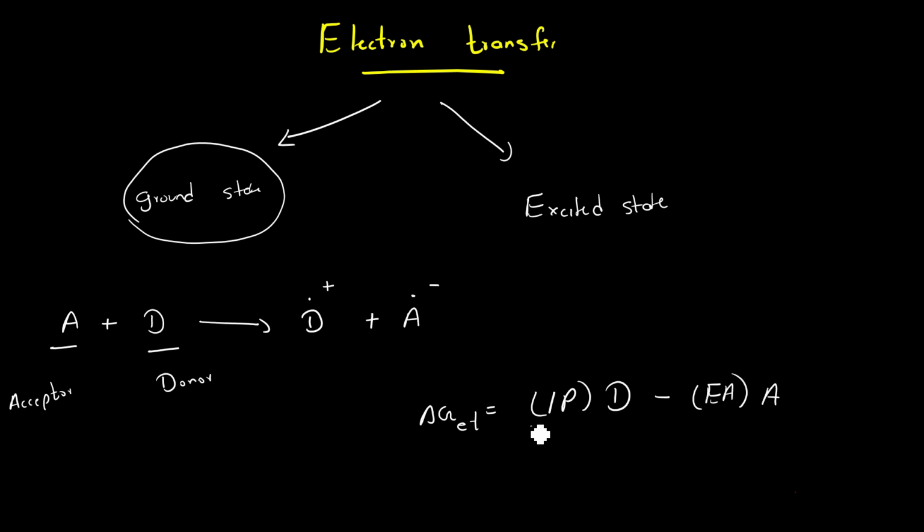So this term represents the ionization potential of the donor. And this term here represents the electron affinity of the acceptor.